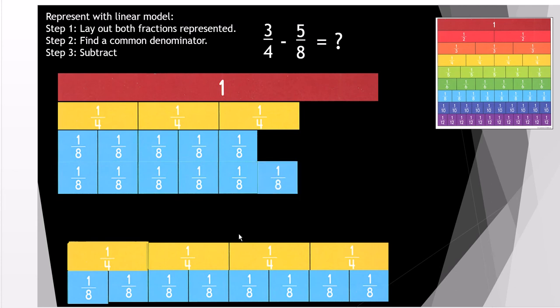Okay, so now you see we have 3/4 represented with 1/8, and now we can subtract.